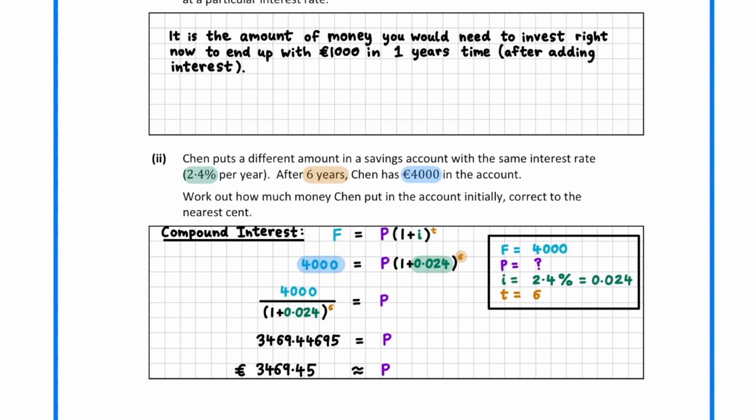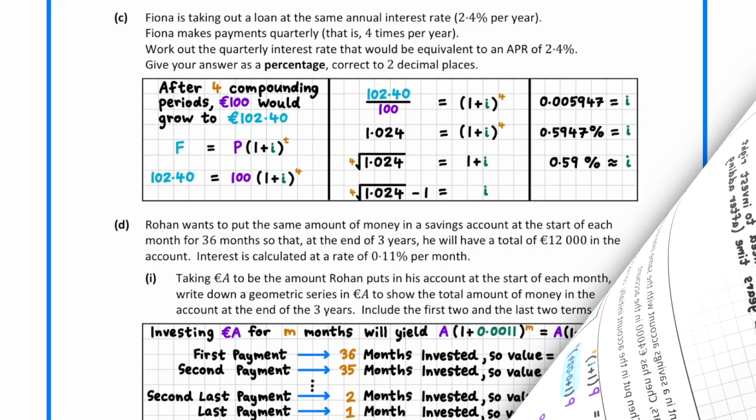And the time period, T, is 6. To find P, we should divide both sides of the equation by 1 plus 0.024 to the power of 6. From here, we use our calculator and round to 2 decimal places.